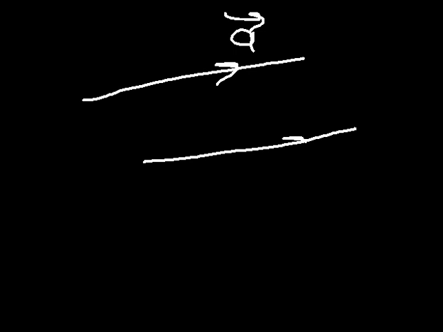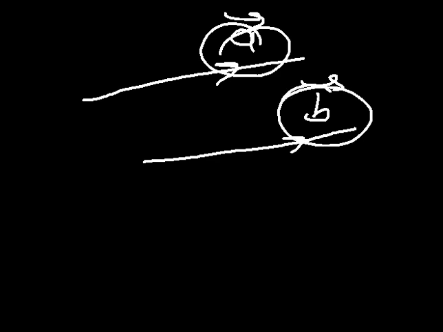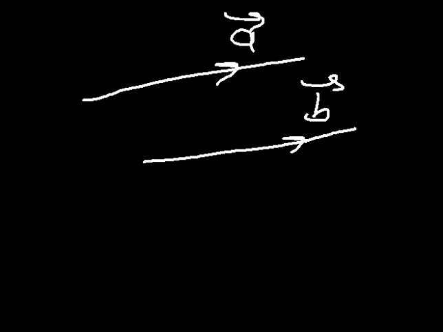Let's say this is a vector A, and let's say we have another vector, the vector B. Now these two vectors are said to be parallel because they have a similar orientation, and these vectors will never meet, hence they're said to be parallel vectors.